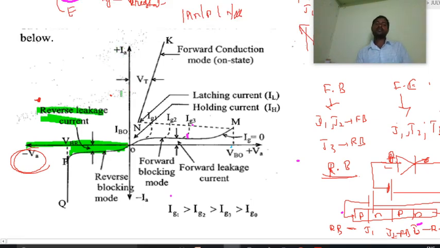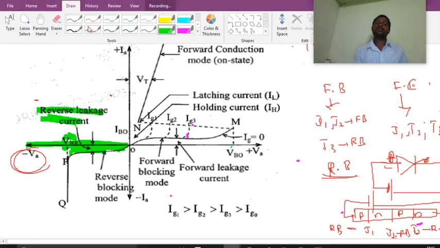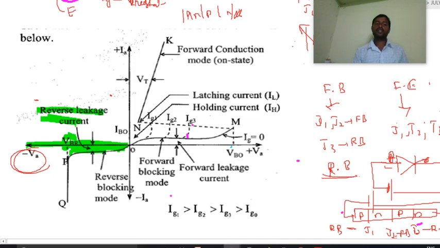What will happen as you keep increasing the reverse voltage? At a particular voltage, this VBR, the reverse breakdown voltage, breakdown of those junctions takes place and a huge current will flow.